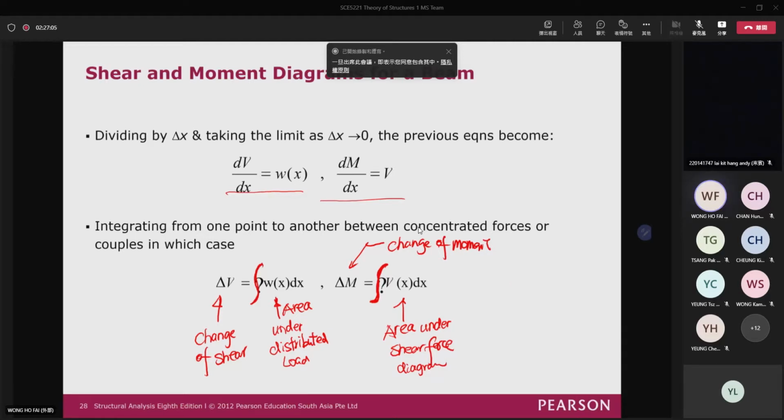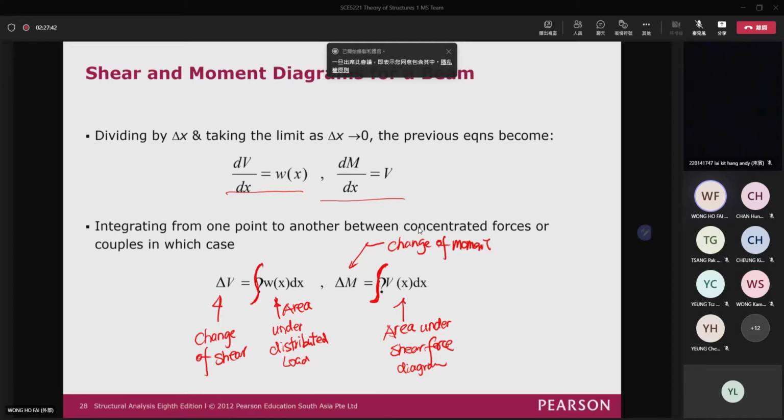So the change of the shear is equal to the area under the distributed load, and the change of the moment is equal to the area under the shear force diagram. Actually, these two relationships are very useful, and you can draw the shear force and the bending moment diagram by using this concept without using the moment and the shear functions. So this one is very, very convenient.